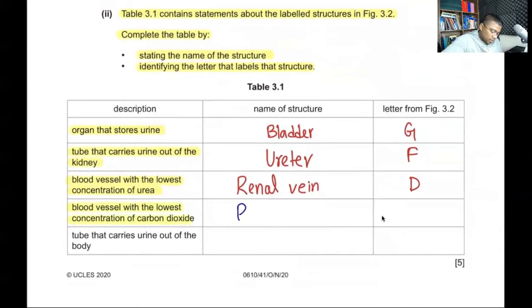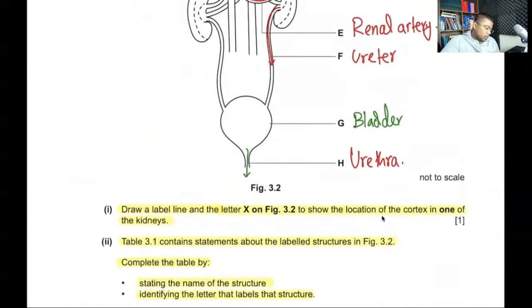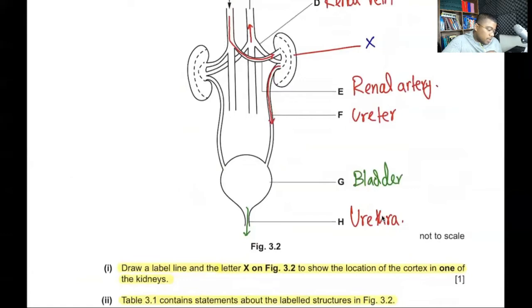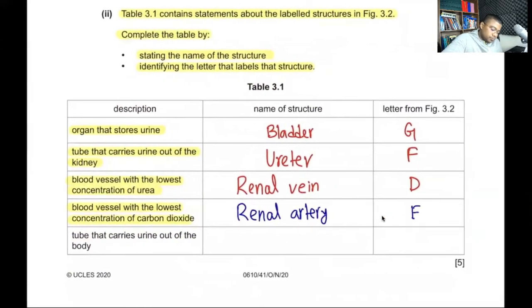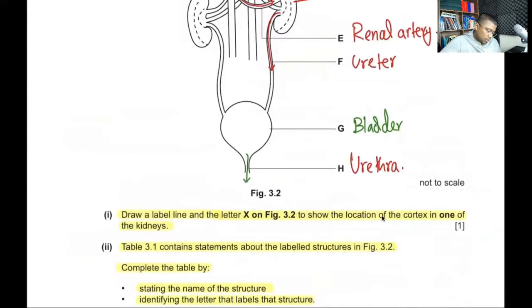Oh, that's going to be renal artery, because arteries have higher concentration of oxygen and lower concentration of carbon dioxide. So renal artery, E. Tube that carries urine out of the body. So that is urethra, and that is H.